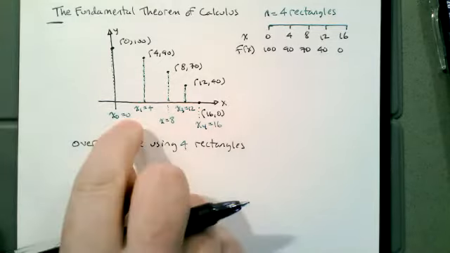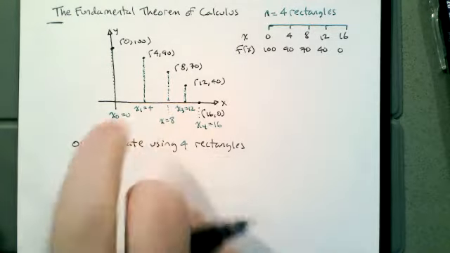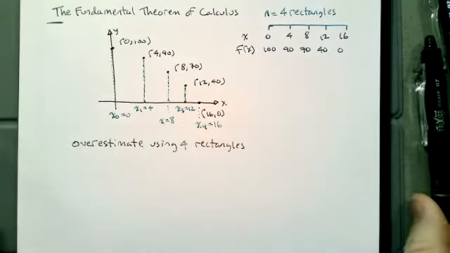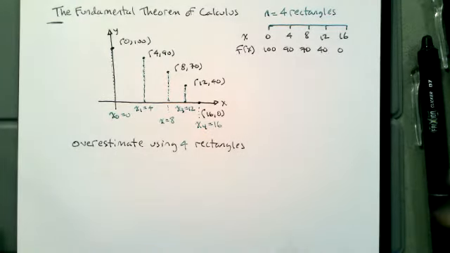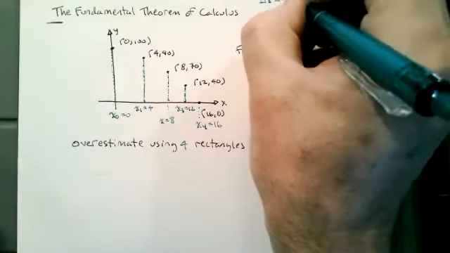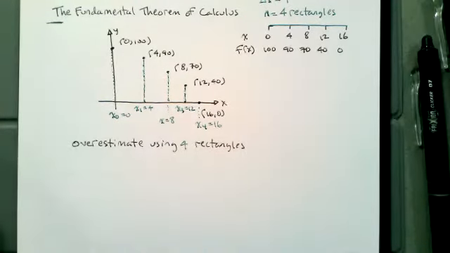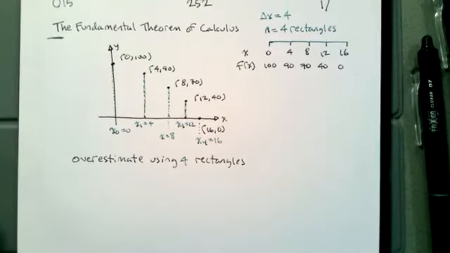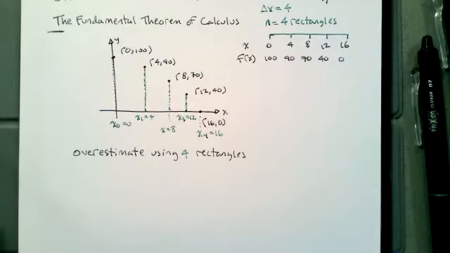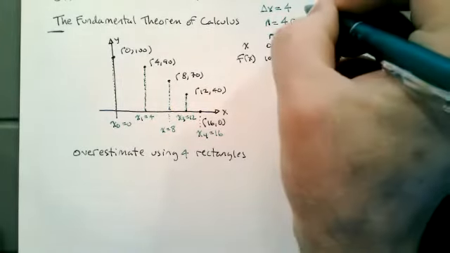Now in this first rectangle, my width is going to be 4. So the width of each rectangle is going to be 4. So that's the width.